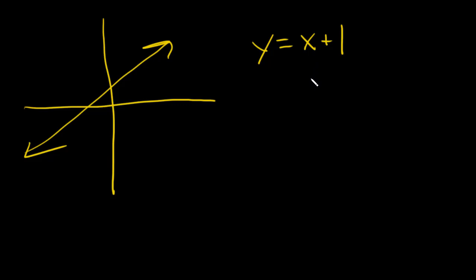If I plug in any value for my x, maybe x is 0. Well, when I do that, what do I get for my y value, my output? Well, y would be 0 plus 1, which is 1. Okay? So I give a single input in, and I get a single output out.